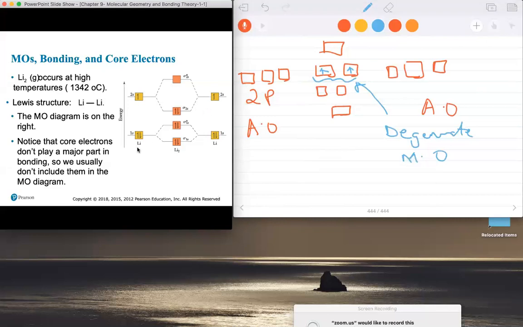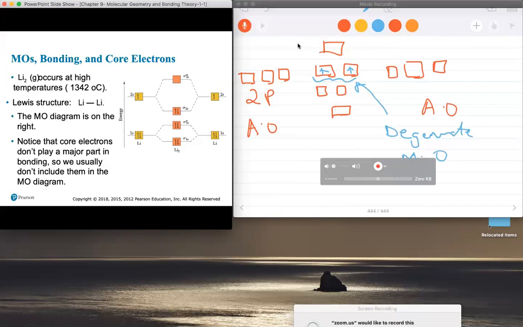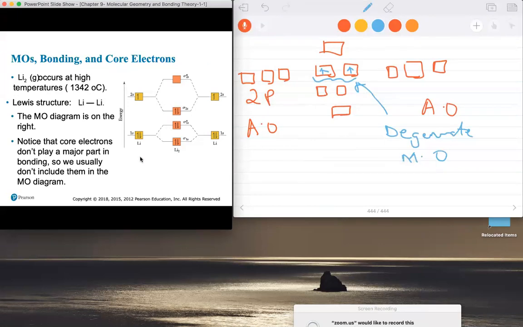If in atomic orbitals we go all the way to 2p, then you'll have to come up with something similar to what I have on my whiteboard right here, so that you fill in those electrons. So for lithium, 1 electron will come here, 1 electron will come here. 1 electron will go up here, 1 electron will go here. This is coming from 1s. And then 1 electron will come down here, 1 electron will come down here.